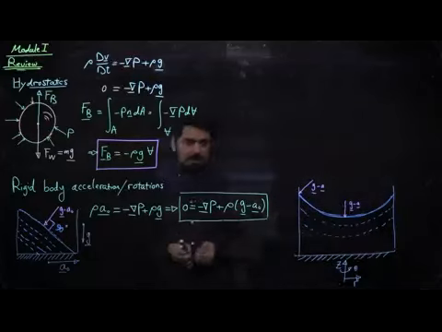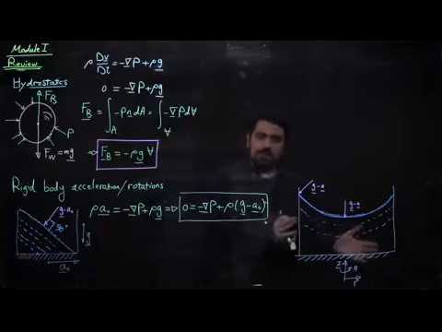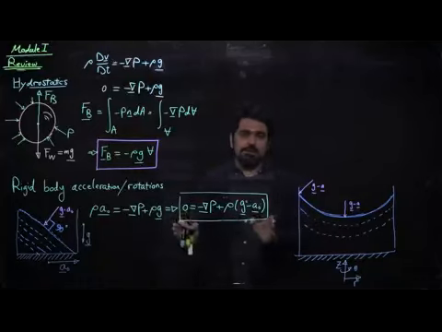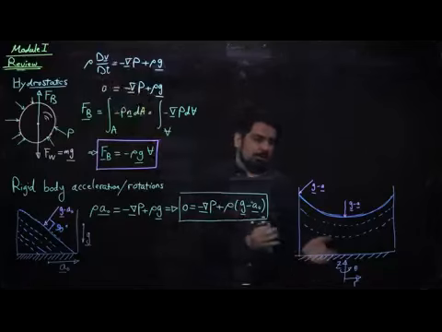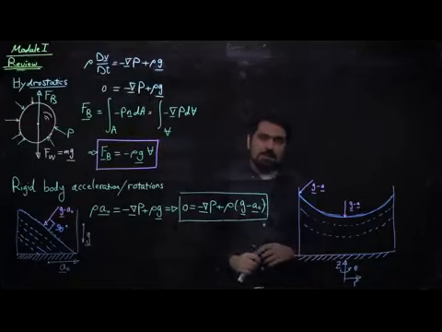We notice that this can be easily solved by either this concept or just by using the Euler equation and writing down the Euler equation components in r, theta, and z.